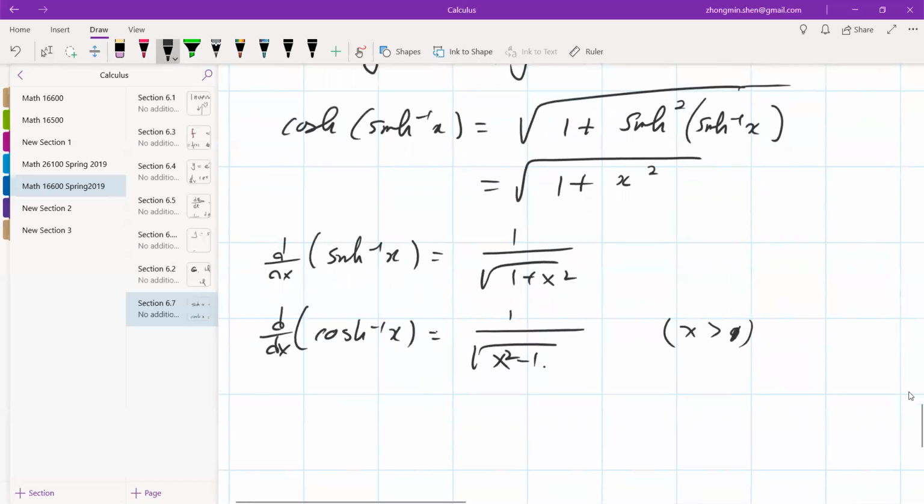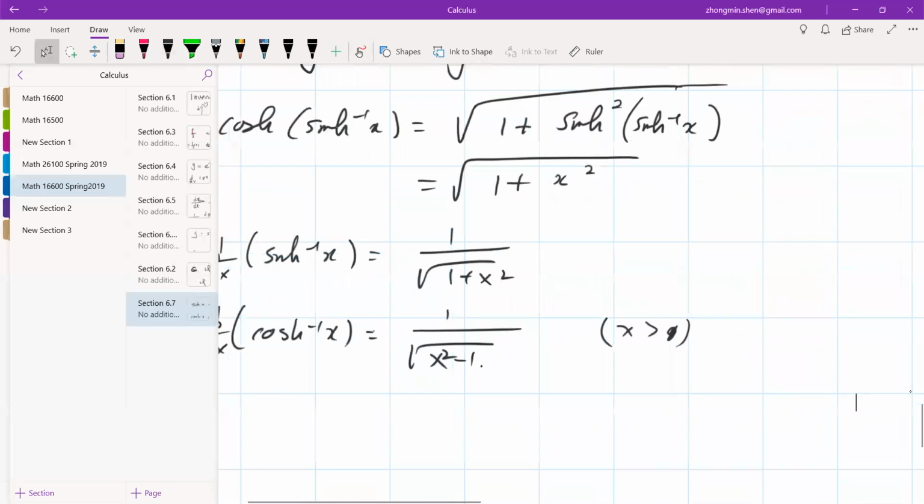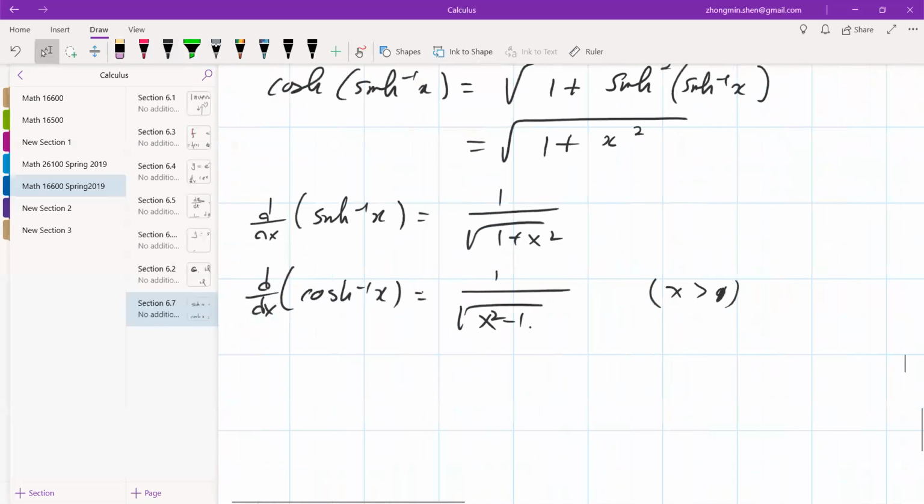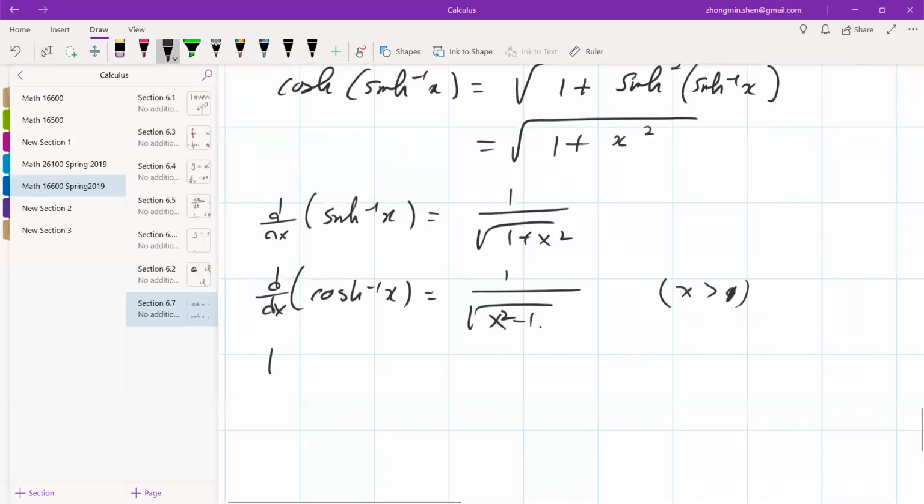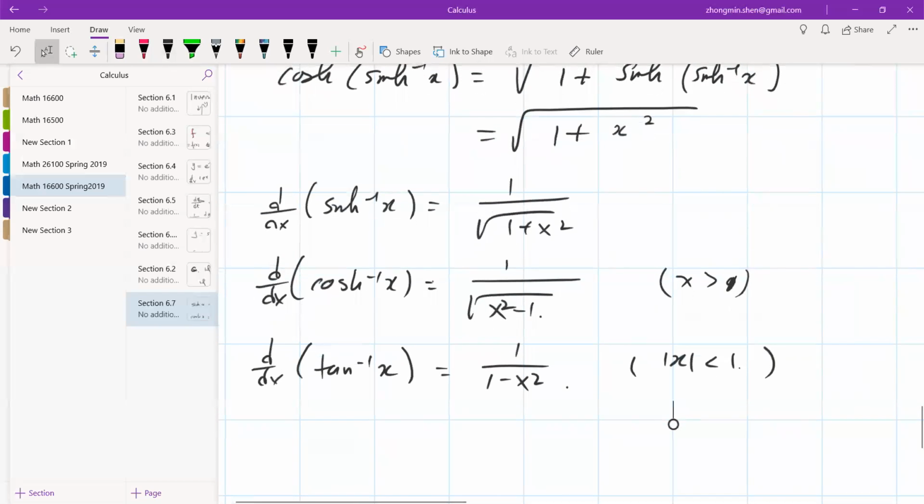That's a restriction, and you can tell that from the formula. And for tangent, the derivative of inverse hyperbolic tangent x is going to be 1 over 1 minus x squared. Now here, x is between negative 1 and 1, otherwise the inverse hyperbolic tangent is not defined. It is defined for x between negative and positive 1. So those are the important formulas.